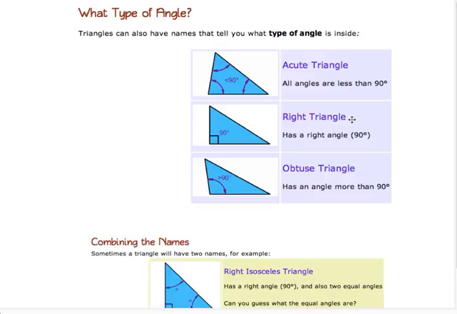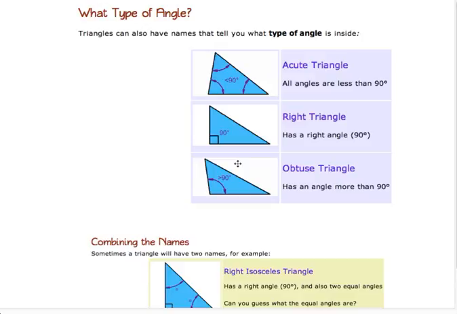A right triangle is a triangle where one of the angles is a right angle, which measures exactly 90 degrees. It could be any of the angles, but one is measured at 90. And you can see there's a little square in the box right at that angle. That is another clue that will tell you it's 90 degrees.